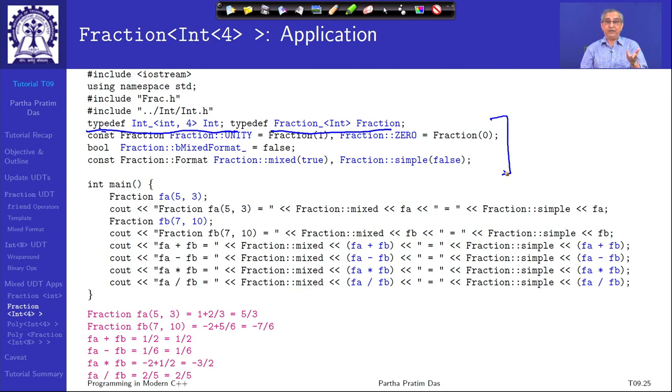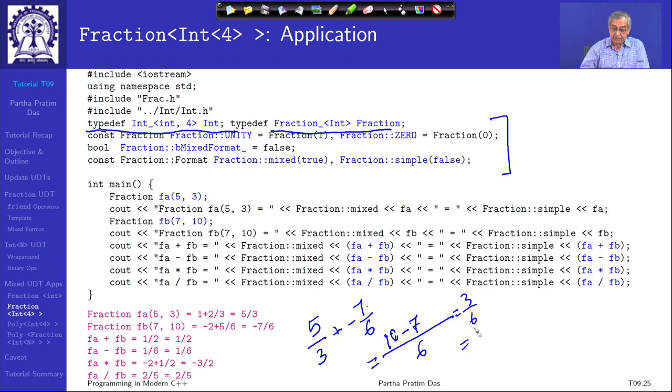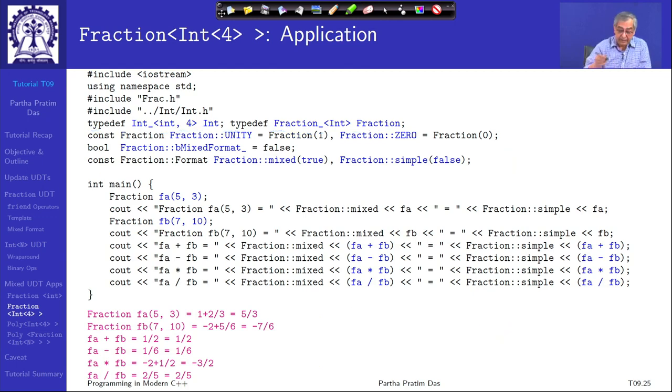You see how nice, we implemented that in int n and are trying it out for int 4, and we have implemented fraction separately. But now you are able to add 5 by 3 plus minus 7 by 6, and if you have this, you have 6, you have 10 minus 7, which is 3 by 6, which is half, which is easy.